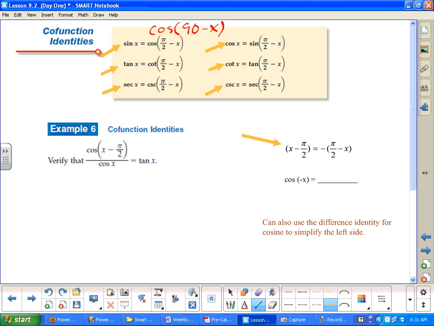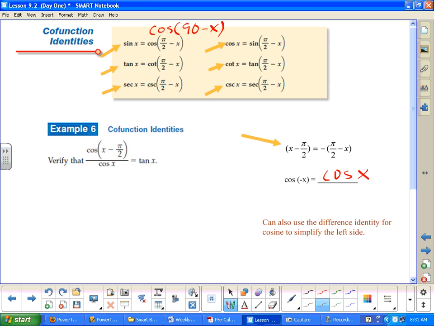Well, what's the cosine of negative x? Cosine of x. Look at that, nice arrows. That's just equal to the cosine of x. So cosine of x minus pi over 2 is the same as the cosine of negative pi over 2 minus x.